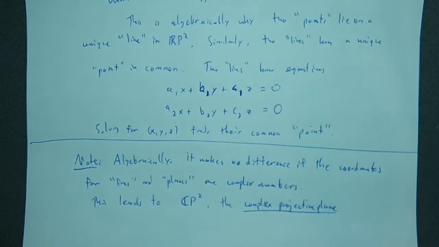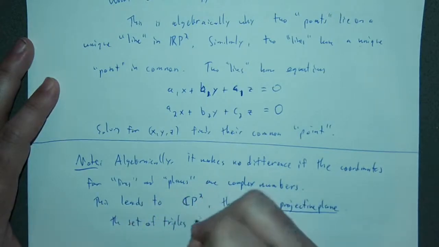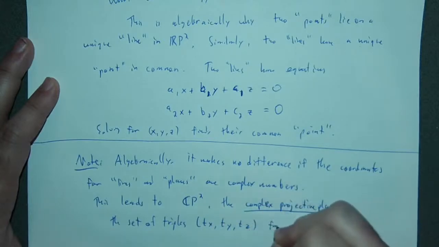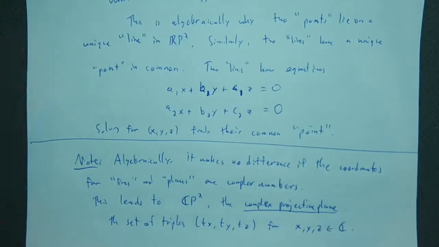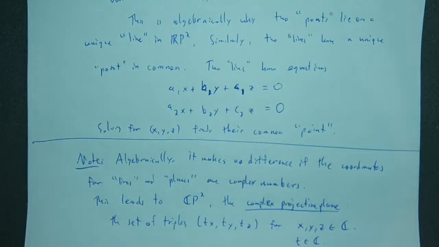So what is the deal with the complex projective plane? Well, the complex projective plane is just going to be the set of triples tx, ty, tz for x, y, z complex numbers, and t running through all complex numbers.